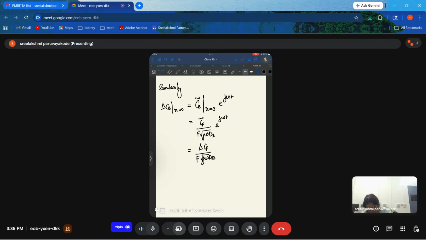So this is how you will be deriving for delta CA and delta CB by considering the time variation also. Now finally, what is our aim? To find out the current and the impedance. Let's do that.